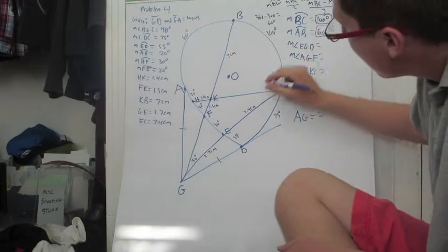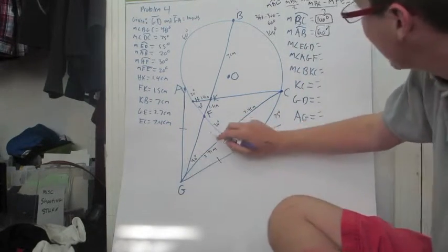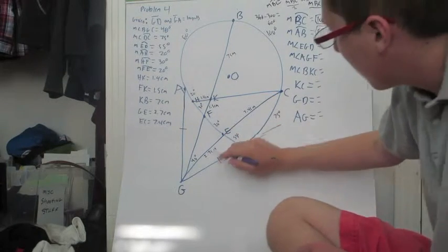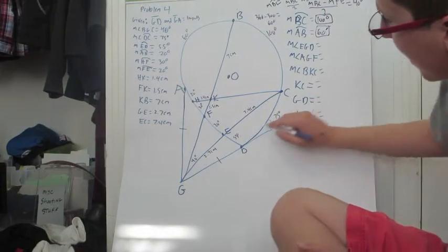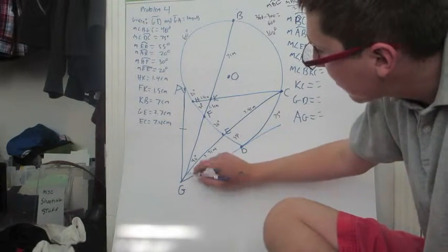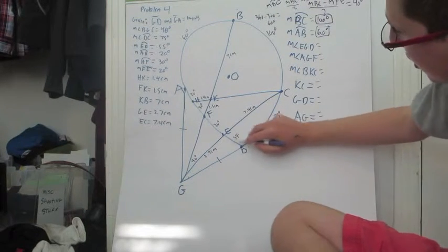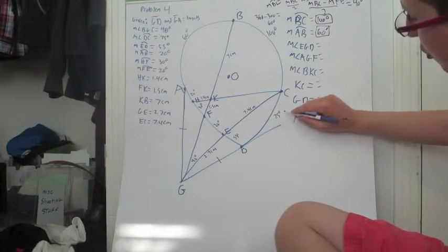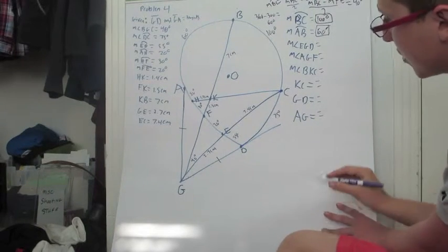So if we look at EGD right here, we can find this measure, which we're looking for, by looking at this smaller part of the circle and this larger part of the circle. So we'd use the same theorem that we used up here.